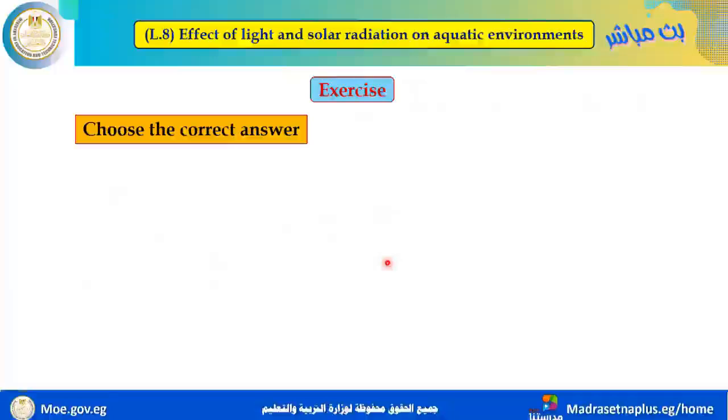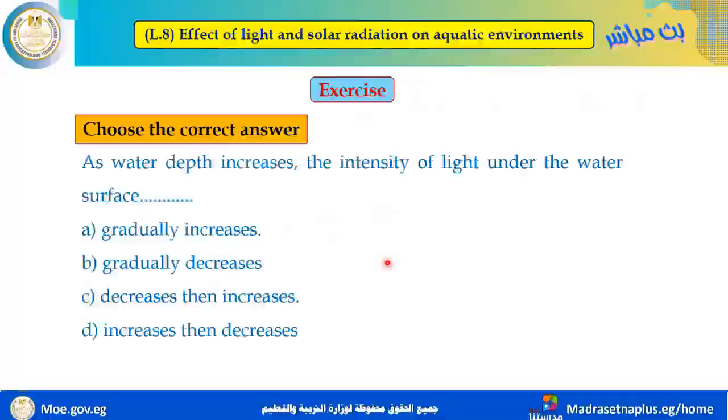Okay, first question: as water depth increases, the intensity of light under the water surface blank: gradually increases, gradually decreases, decreases then increases, increases then decreases.